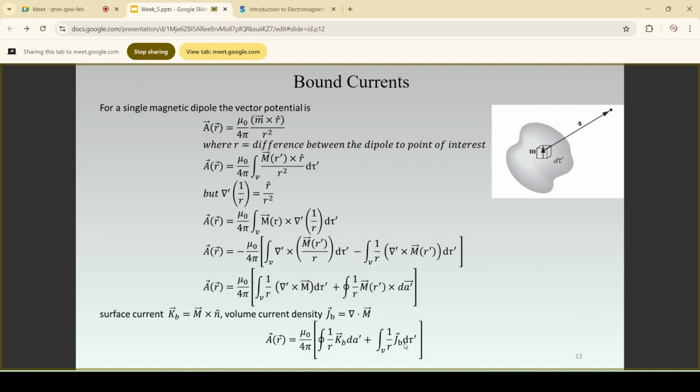So why are they there? It's like you have a magnetic field due to this current density Kb and Jb, and that magnetic field gives the magnetization M. So you can think of it in a reverse way: if you have a magnetization M in a material, that means it is arising due to the bound current density on the surface and the volume current density inside the material. Okay, so it's very same.